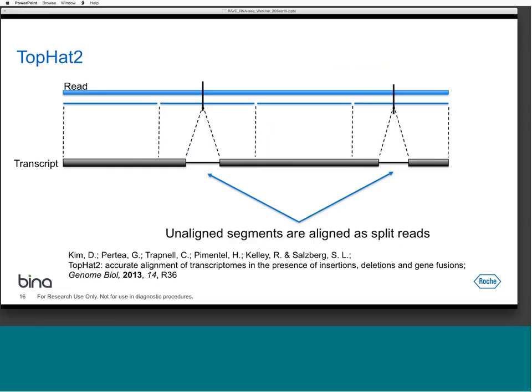If any of these segments do not align to the genome, then it is aligned with a split read approach, which can discover intron junctions. However, the disadvantage of this approach is that if a splice junction occurs near the edge of a segment or near the edge of a read, then the split read approach may not be able to capture the intron junction. Also, it is not so tolerant to mismatches to the genome.